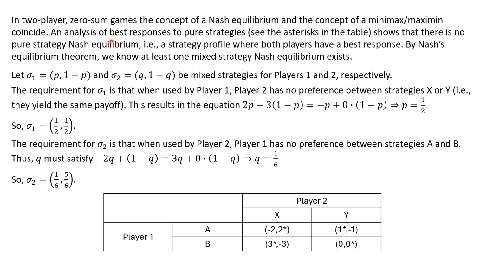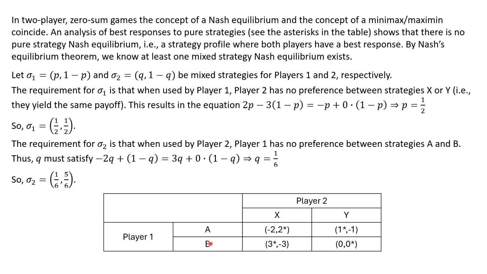So first we do an analysis of best responses. We see if player 2 plays X, then player 1 would play 3, so we put a little star there. And if player 2 plays Y, player 1 would do better to play 1. If player 1 plays A, player 2 has a better option playing X, we put a star there.